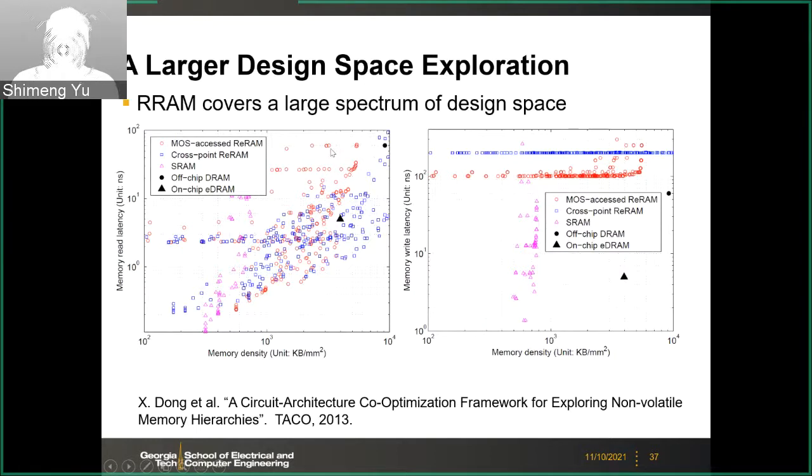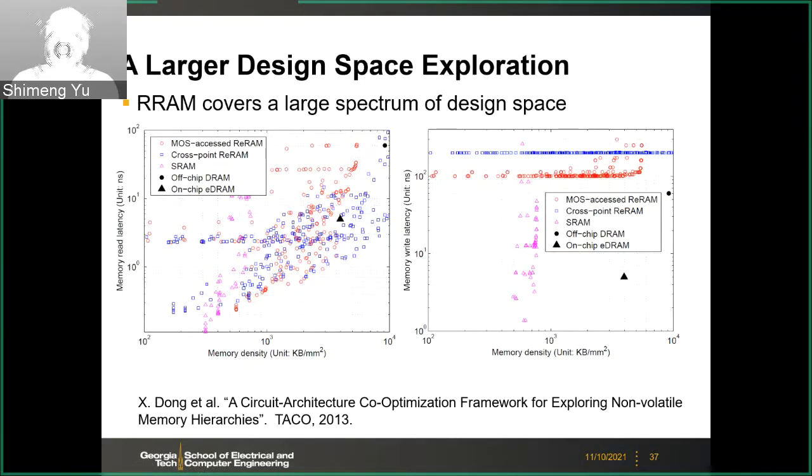Each point corresponds to one particular design combination of subarray size, transistor type, voltage sensing, current sensing. So you vary those, and each design point will correspond to a particular combination of those options.